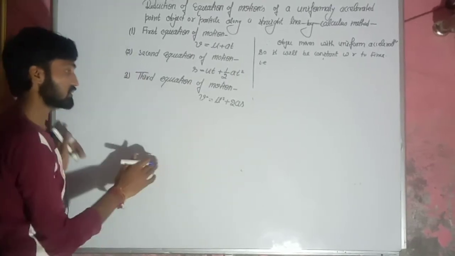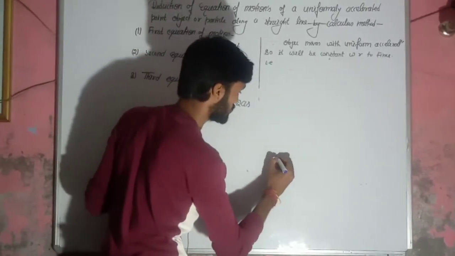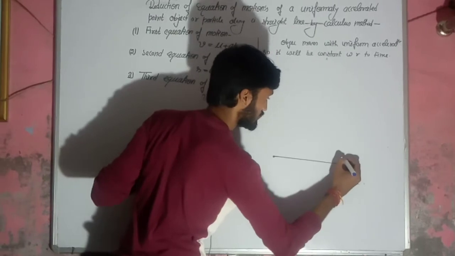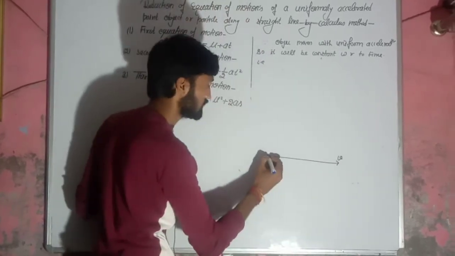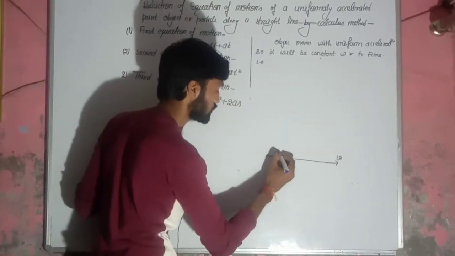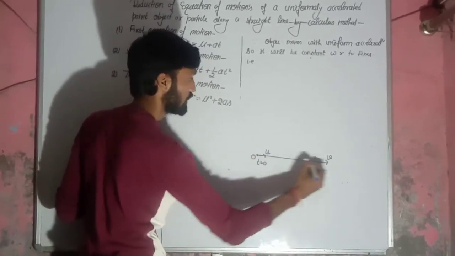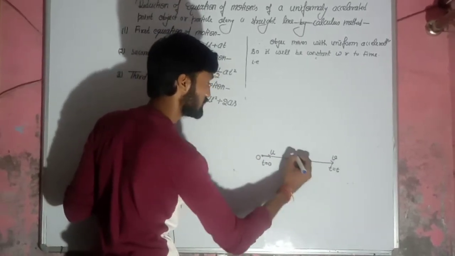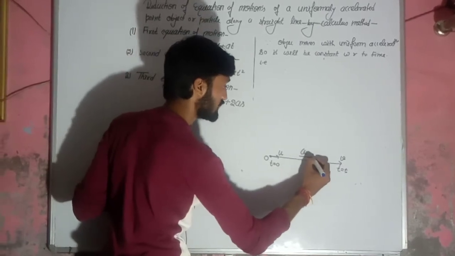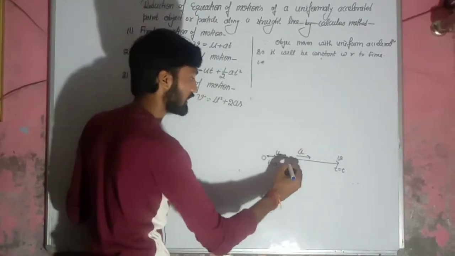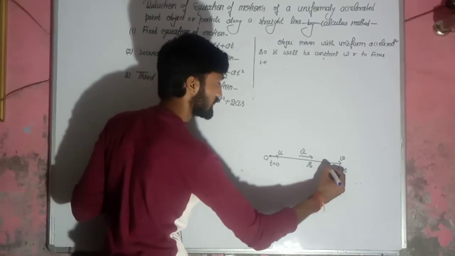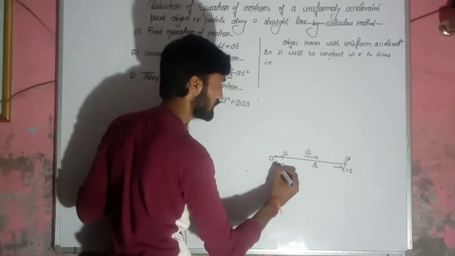In the second equation of motion, the graph will also be the same: this is the final velocity and this is the initial velocity of the moving object, this is the origin where the time t equals 0, and here the time equals t, this is the acceleration towards the right, and the displacement of the moving object is s from here to here.